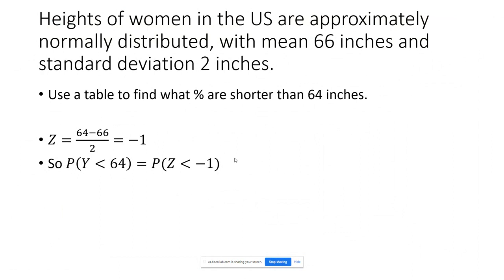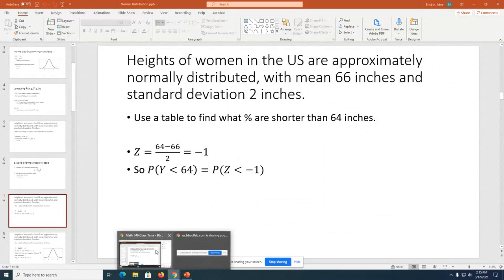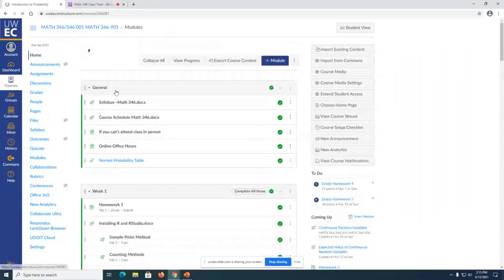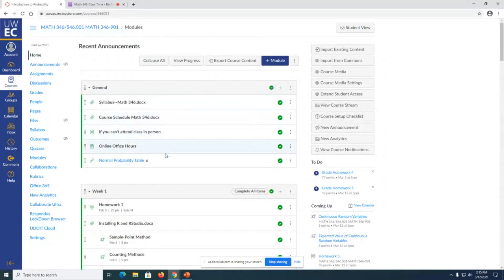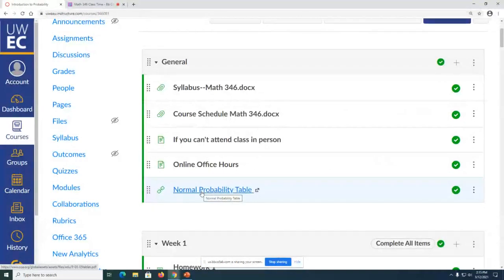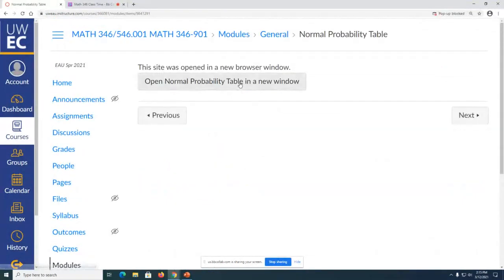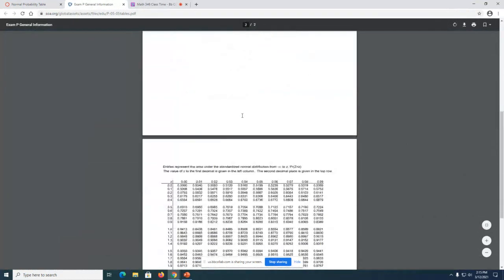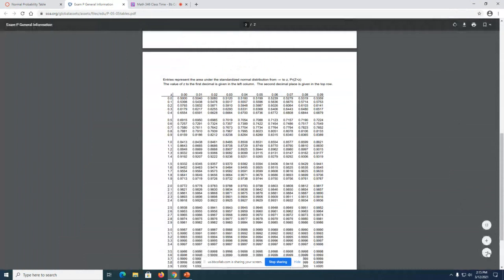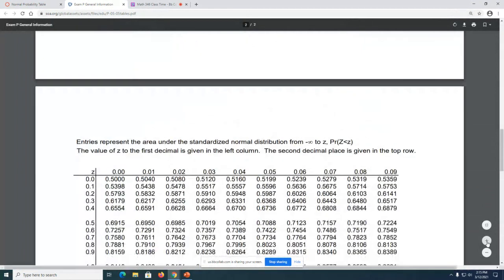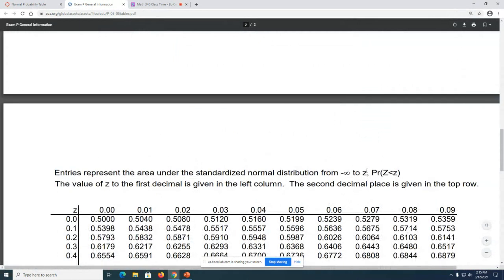So now, let's go to a normal probability table. I've put on Canvas, in the general module, a normal probability table. This is what I got when I Googled actuarial exam P normal probability table. So I think that this is going to be the same format that you would see on actuarial exam P. So we start by understanding the table format.